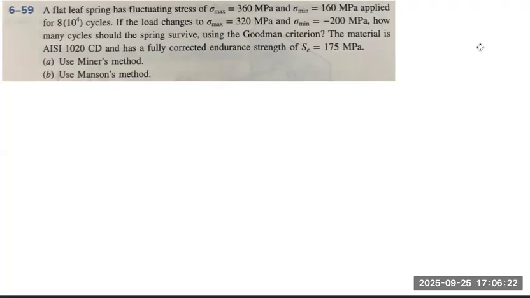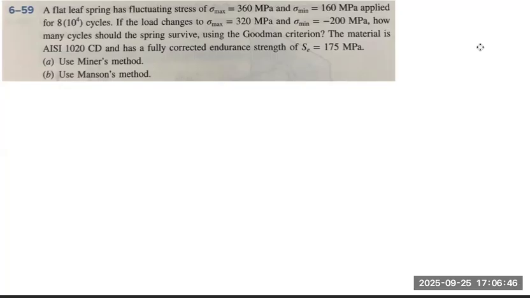A flat leaf spring has fluctuating stress of sigma max equals 360 megapascals and sigma min equals 160 megapascals applied for 8 times 10 to the 4 cycles. If the load changes to sigma max equals 320 megapascals and sigma min equals negative 200 megapascals, how many cycles should the spring survive using the Goodman criterion?